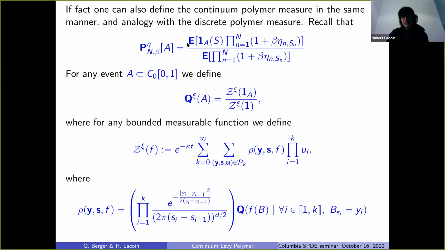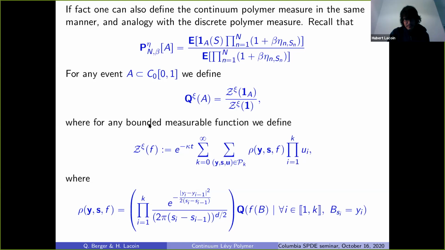And on the numerator, you will have this product of 1 plus beta eta integrated against the event A. I will call this the partition function restricted to A. So for the continuum model, we will have something that has the same form. We have to define the partition function that corresponds to each bounded measurable function.